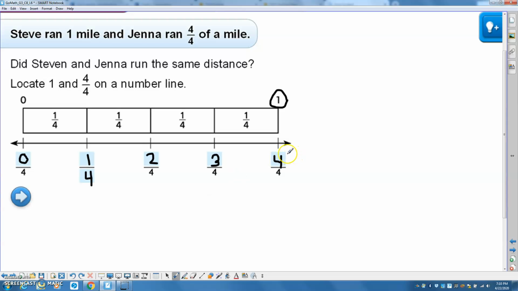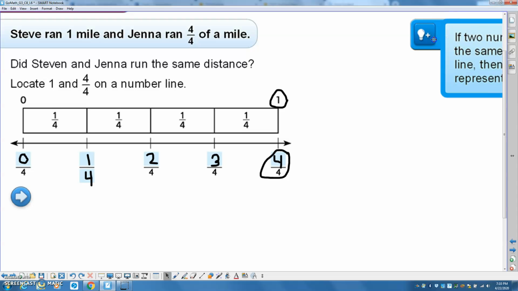Well, here is the 4/4 on our number line, and that 1 whole is on the same line. 1 whole and 4/4 are on the same line on our number line, which means they are the same amount. So any 2 numbers that fall on the same line on our number line are equal.